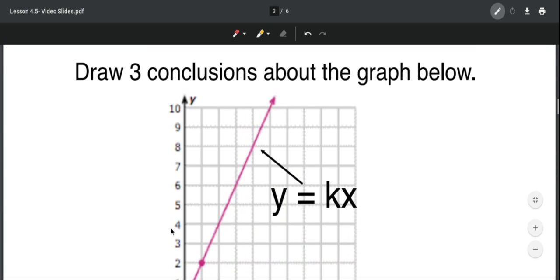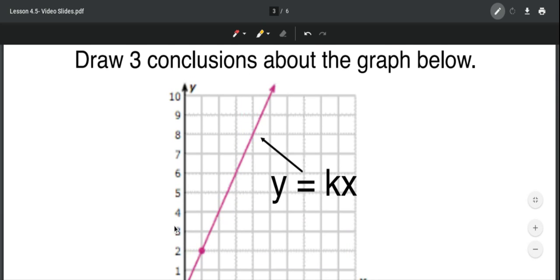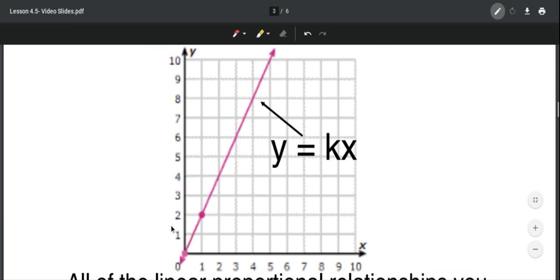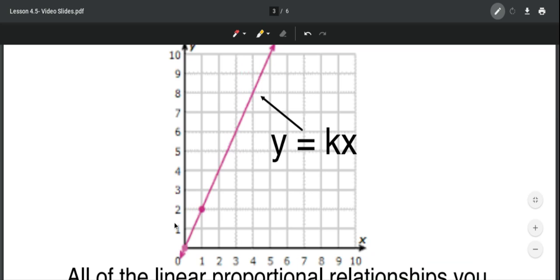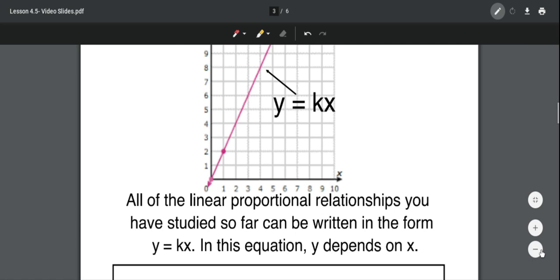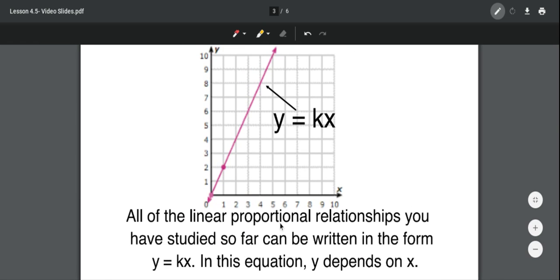Let's draw 3 conclusions about the following graph. First, the line is represented by the equation y is equal to kx. All of the linear proportional relationships you have studied so far can be written in the form y is equal to kx.